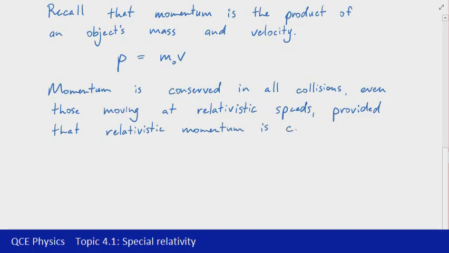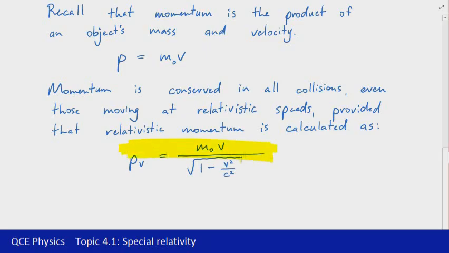I'm not going to bother putting in the extra little step that will often get mentioned, mainly because in the syllabus all you really need to be able to identify is that the equation for relativistic momentum is m0 v, so you can see that still looks like our Newtonian physics representation, but now we need to divide that by the term that we've seen a few times already, being the square root of 1 minus v squared on c squared. So that's the equation for relativistic momentum. So v being the relative velocity between the two objects, or between the object and the observer, and m0 being the rest mass.